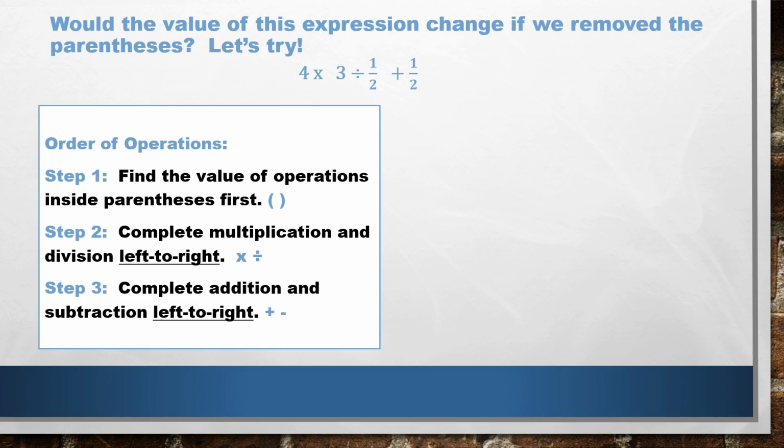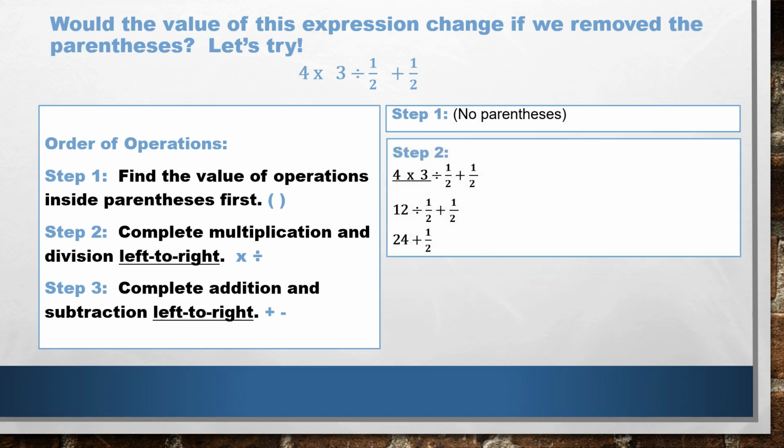Step 1. Find the value of the operations inside the parentheses first. Now there are no parentheses inside this expression. Step 2. Complete multiplication and division left to right. The first place that we see, moving from left to right, multiplication or division, is 4 times 3. 4 times 3 is equal to 12.